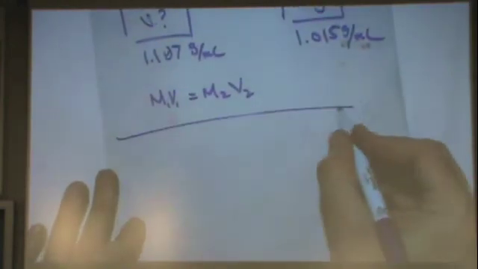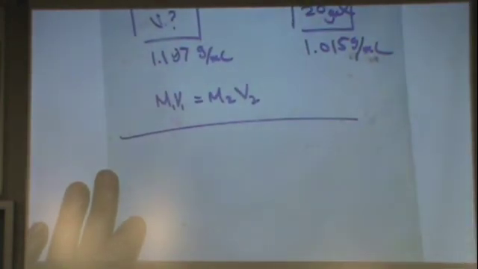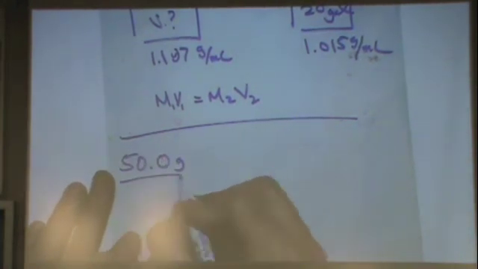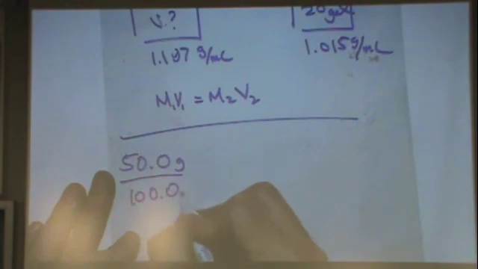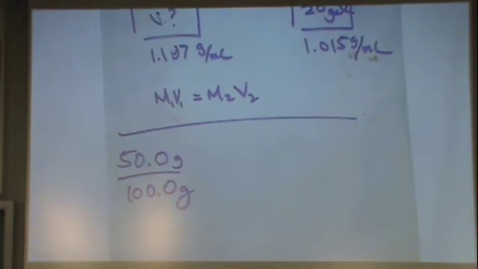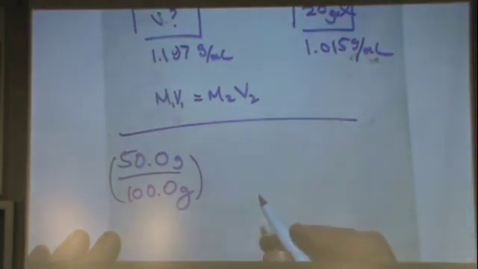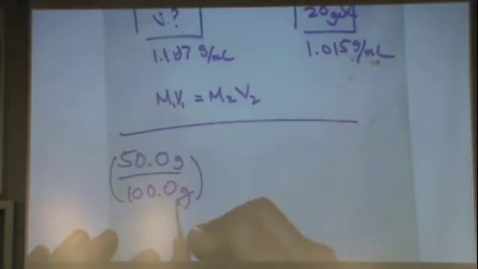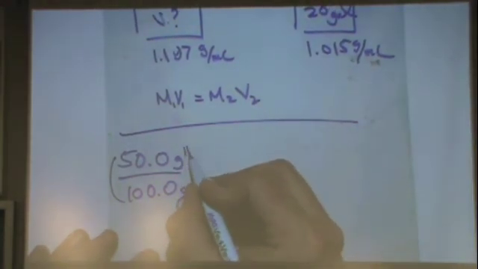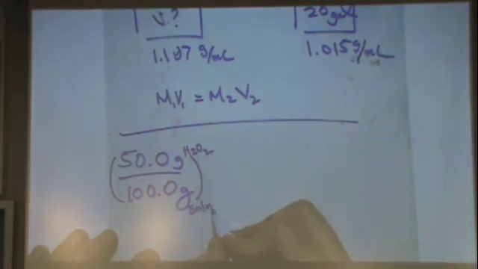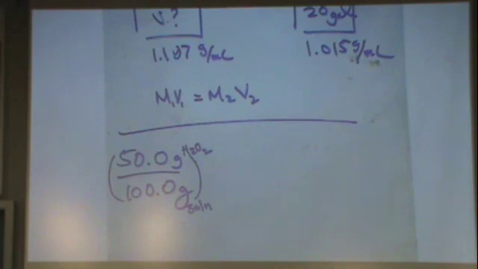So, I'll do one of them, you can do the other one. Okay, so 50% per mass means this, 50 grams over 100 grams. That's what that means. So that's percent mass, grams of H2O2 on top and grams of solution on the bottom.